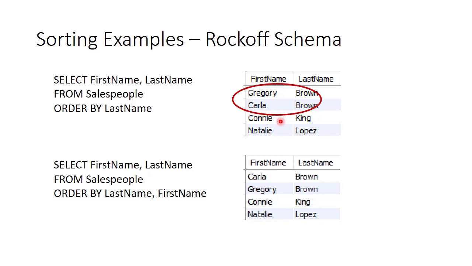That's what you'll see for the rest of the columns. If we want to order by last name and then first name within last name, so that would put Carla and Gregory in alphabetical order, then we would specify both last name and then first name in the order by clause.